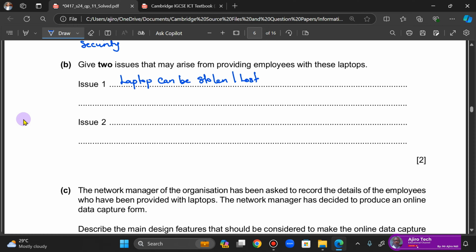Okay, so this device could be used for other what? Personal activities. Okay, of course this would cause some form of security problems. Okay, all right.